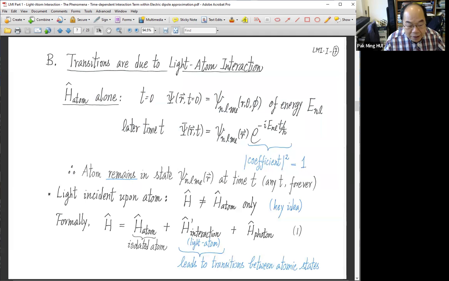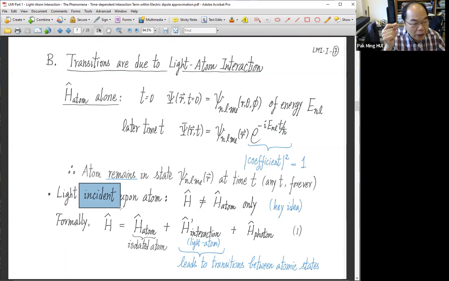When we have an incident light, the Hamiltonian becomes more complicated. There is light interacting with atom. We need to write down additional terms in the Hamiltonian to describe the whole physical situation.